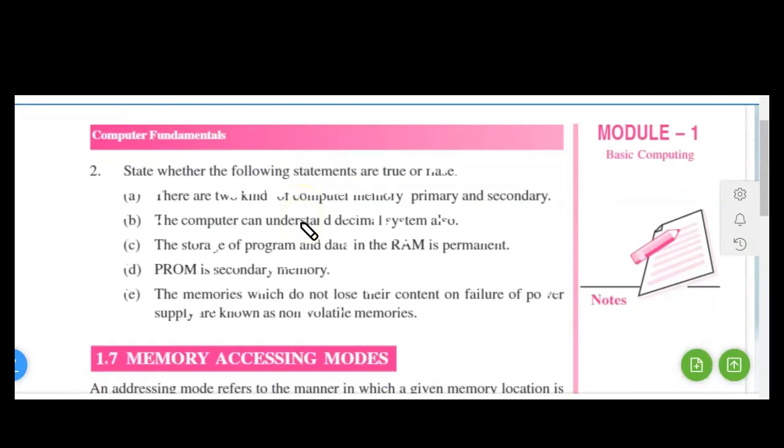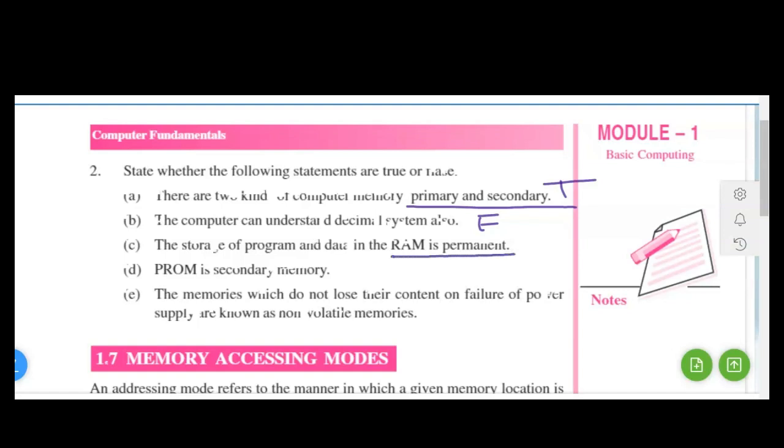Next one is true or false. First one is, there are two kinds of computer memory, primary and secondary. That is true. The computer can understand decimal system also. That is false. It can understand only the binary system. The storage of program and data in the RAM is permanent.